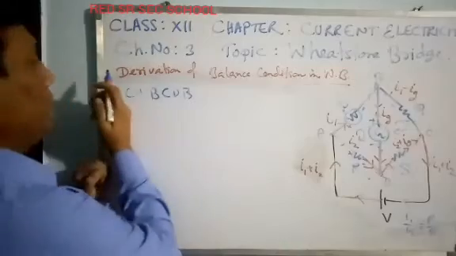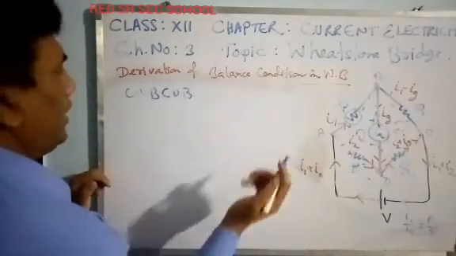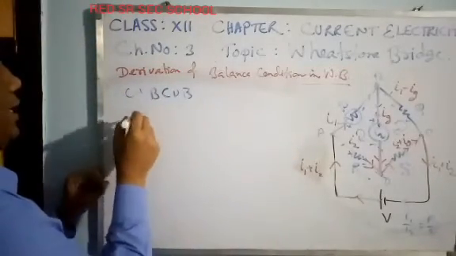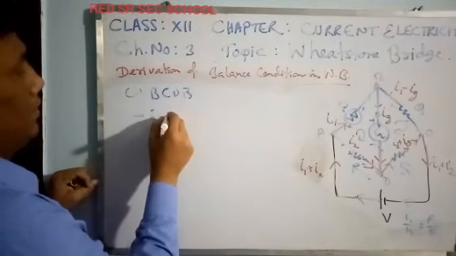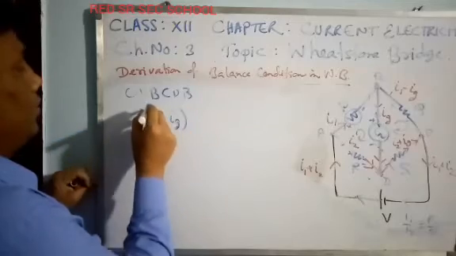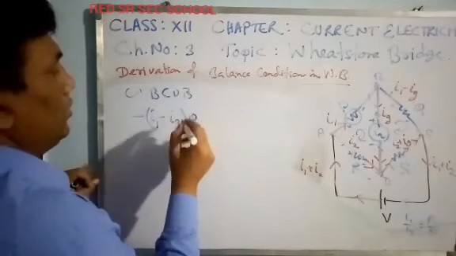So the final is low, which means the change is negative: minus I1 into Q. It is the amount of current into Q.